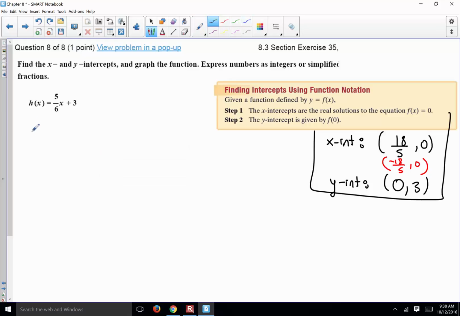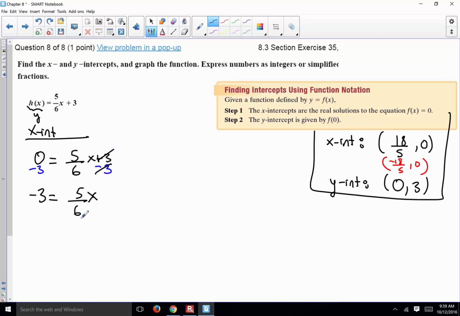Alright, for x-intercept, we set y, the opposite variable, or the left side, in other words, into 0. And so, alright, first I need to get rid of 3. That brings us -3 on the left. Now I need to get rid of 5/6 here.